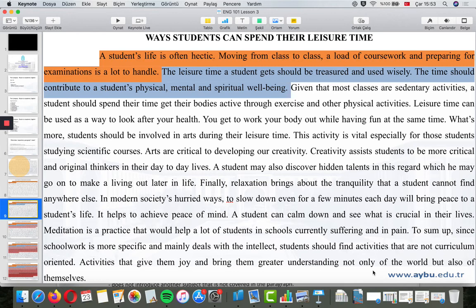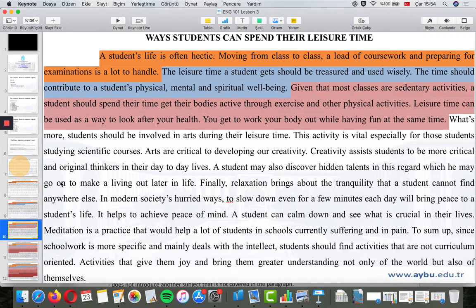It should be used and treasured wisely, okay? The time should contribute, should help, to a student's physical, mental, and spiritual well-being. So these are the very good supporting ideas: physical, mental, spiritual well-being. Now, this is my topic sentence. This is my main idea.